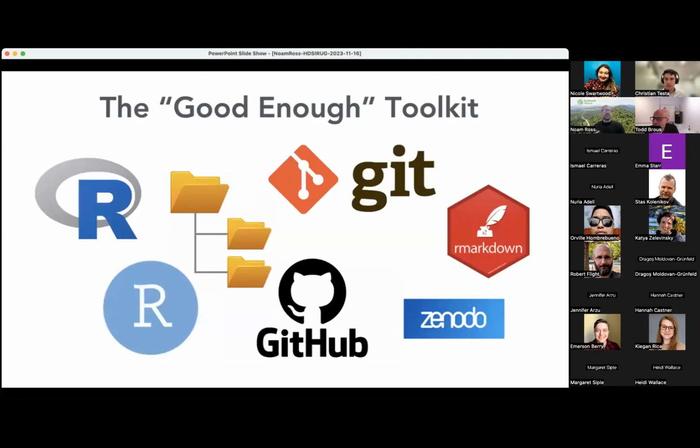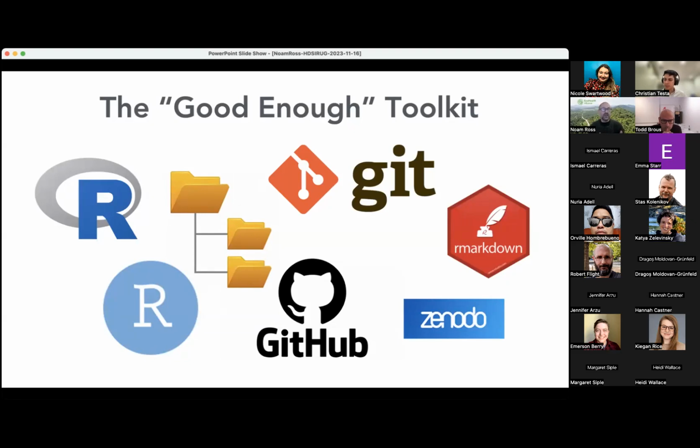And there's a kind of good enough toolkit that has emerged. It is not language exclusive. This is an R user group, right? So I will talk about R in this context. And so it's composed of having a scriptable workflow, something that you can use such as R or Python or Julia or another data science or computational language.